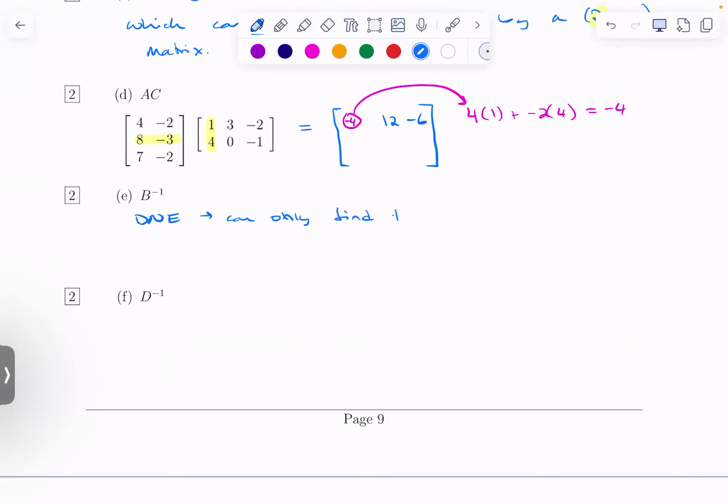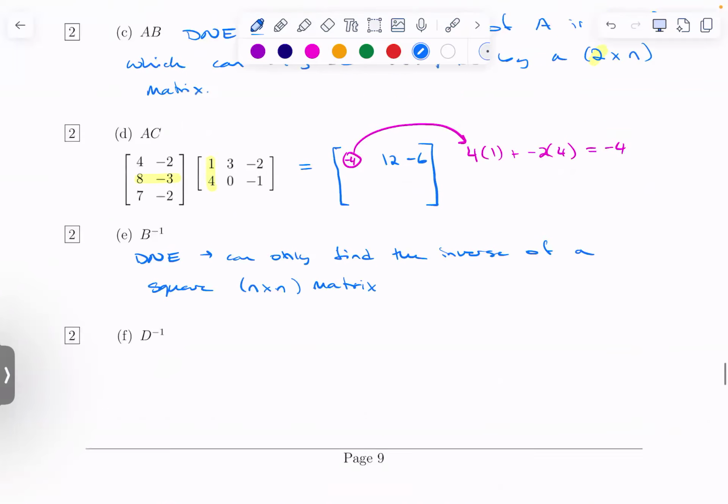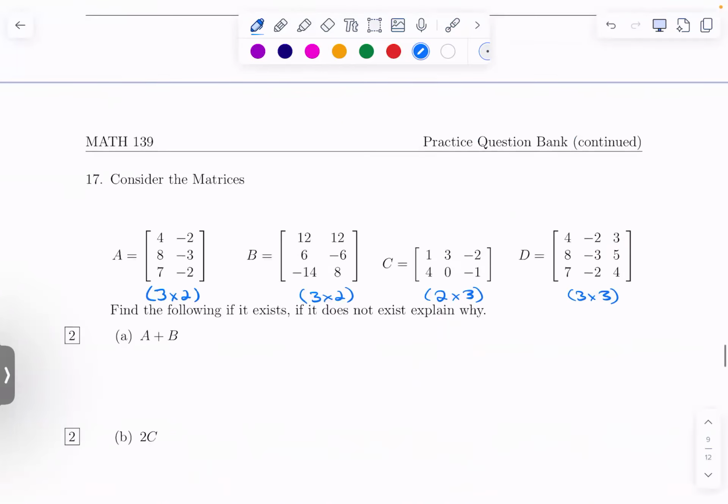Can only find the inverse of a square n by n matrix. So by that, I can't find the inverse of A, I can't find the inverse of B, I can't find the inverse of C, but I can find the inverse of D.